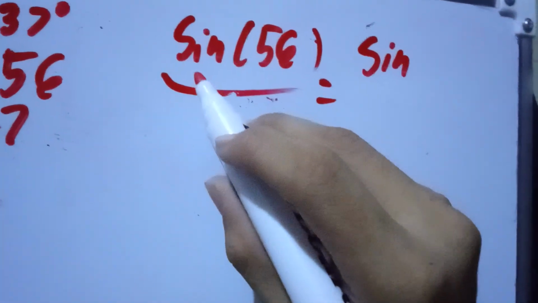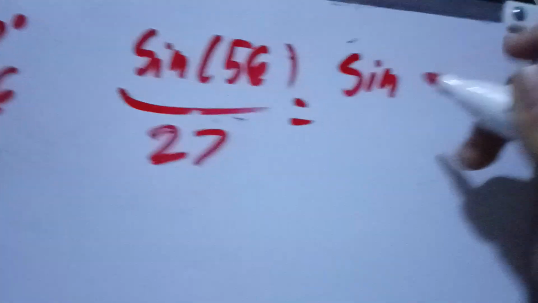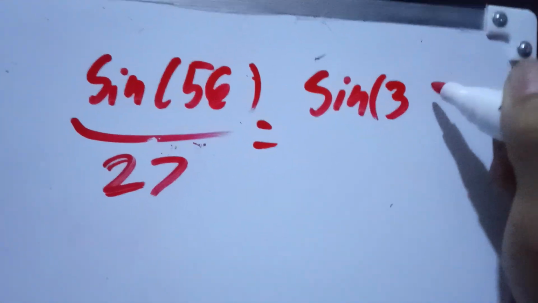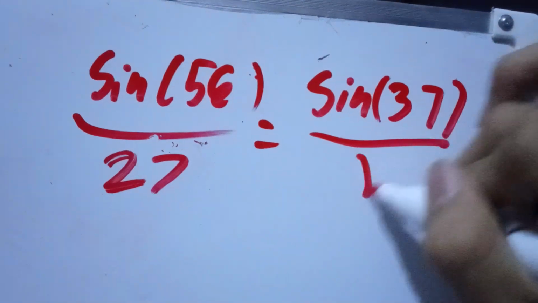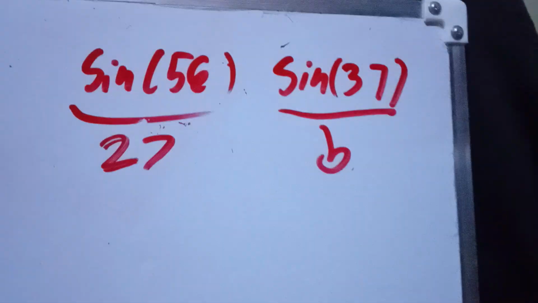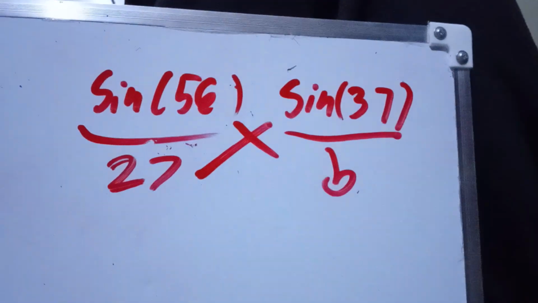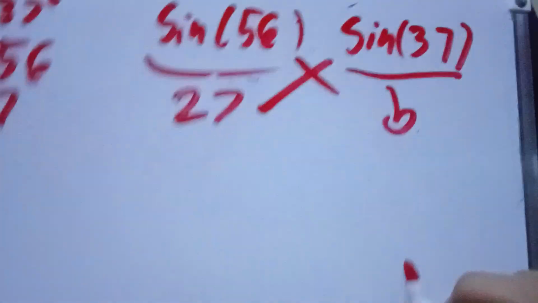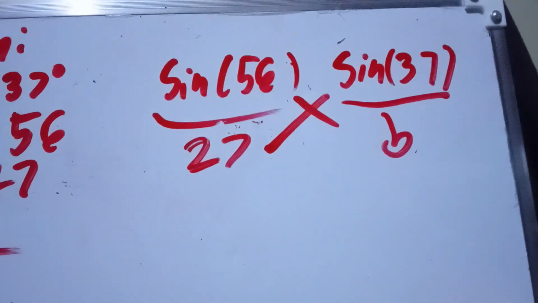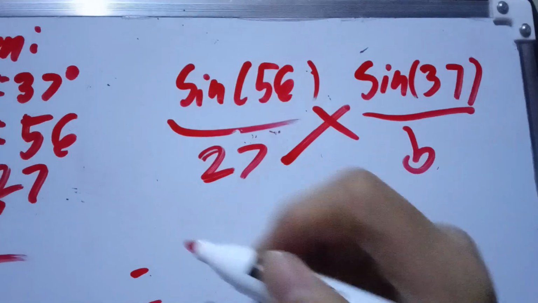So it's sine 56 over 27 equals sine 37 over B. And now we gotta cross multiply. Yay! For most of the sine law, you have to cross multiply.